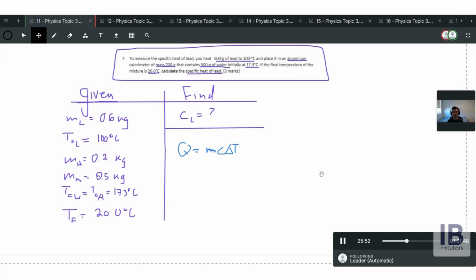So when you're trying to find the specific heat capacity formula, Q is not the specific heat capacity? No, Q is the heat in terms of energy, right? Q is just the amount of energy you need to put into it, and its units are joules.